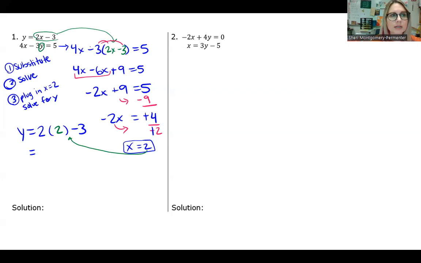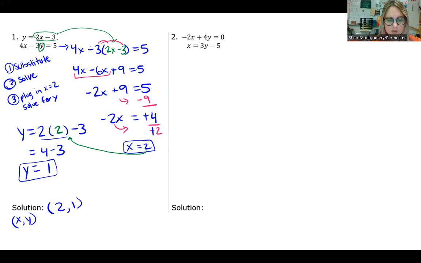What's 2 times 2? What's 4 minus 3? y equals 1. Our solution is always going to be x comma y. So we have to put it in that form. 2 comma 1. That is my solution.